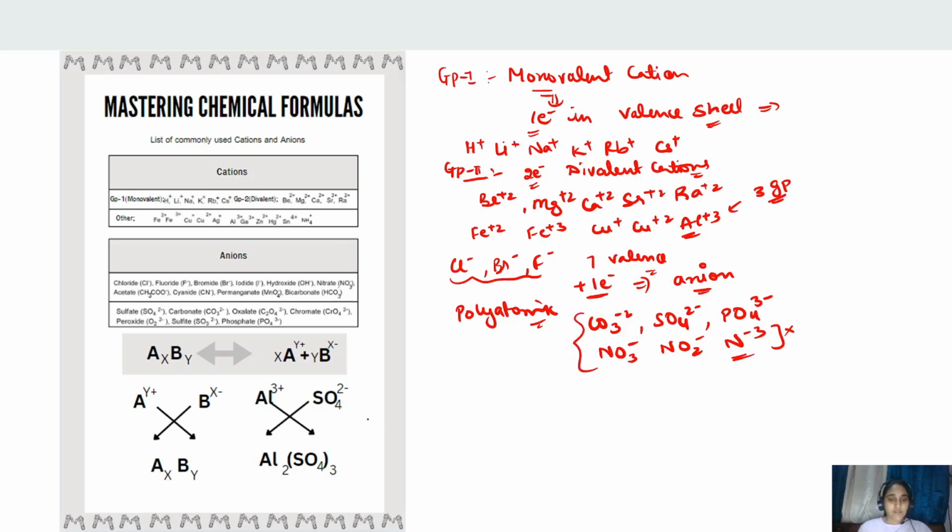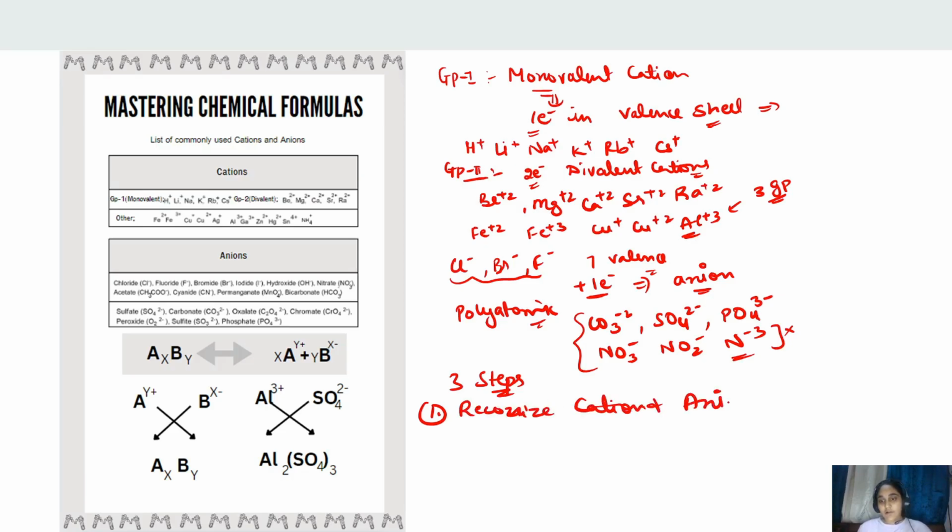Okay, so how to write a chemical formula? These are the basic cations and anions which we commonly use in chemistry. There are three main steps to write chemical formulas. First is to recognize the cation and anion.